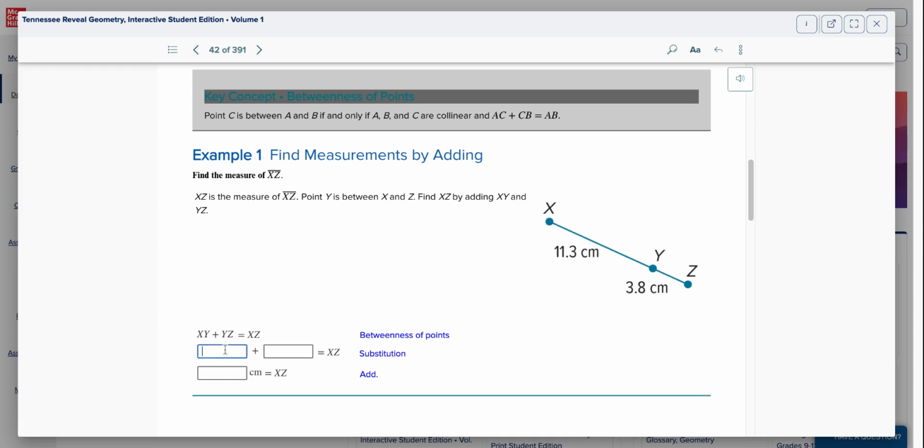So XY is going to be the 11.3. And I'm filling in a blank for YZ, which is the 3.8. And you're probably going to need a calculator to add those together. I'm sure there's probably a built-in one here. I just don't know where it is. So grab you a calculator. If you don't have one, you get 15.1 centimeters.